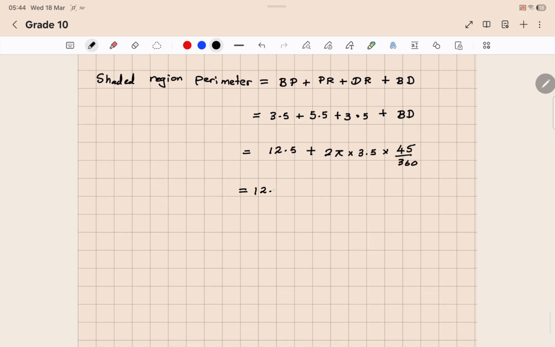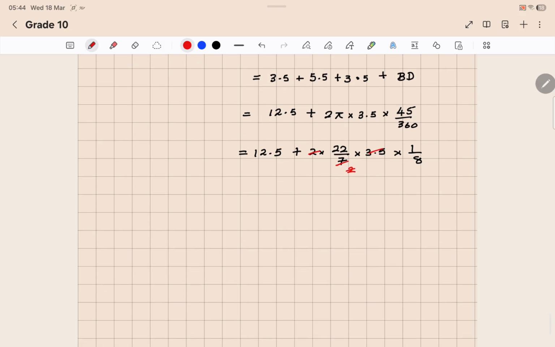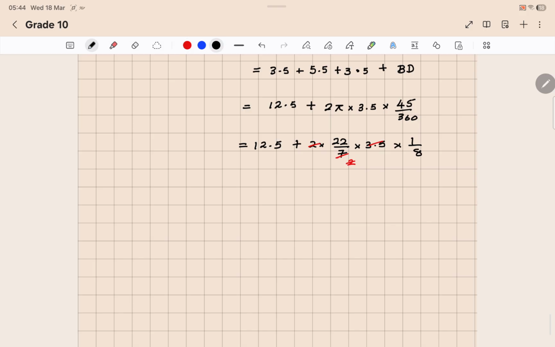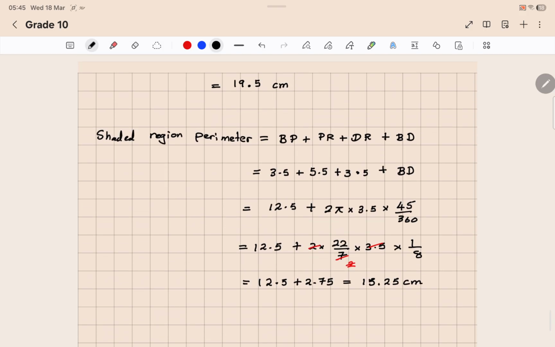So 2 times 22 over 7 times 3.5 times 1 over 8. So this will cancel 2, this will cancel, you get 22 over 8, which is 2.75. So 12.5 plus 2.75 gives you 15.25 centimeters. So shaded region perimeter is 15.25.